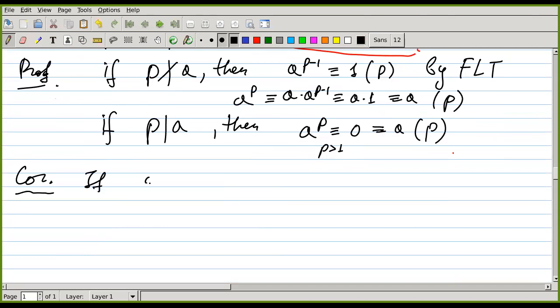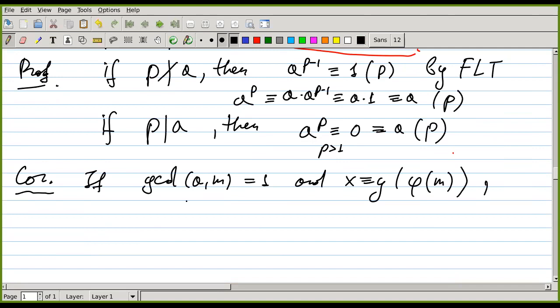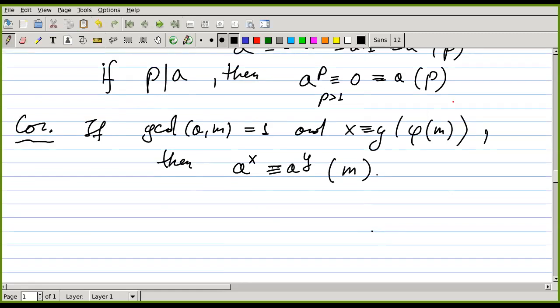If A is co-prime to M and some naturals X and Y are congruent modulo phi of M, then A to the power X is congruent to A to the power Y, this modulo M. Is this idea clear?